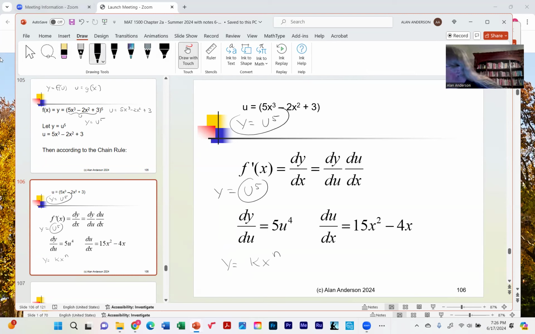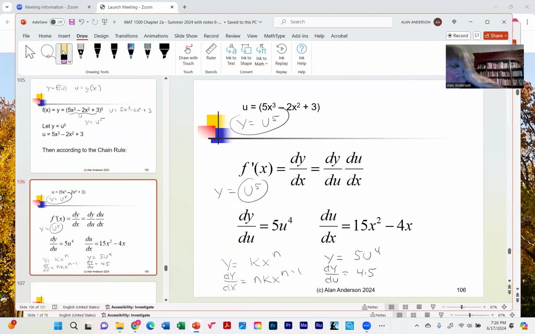Okay, so for dy/dx, the derivative based on the power rule would be nk x to the n minus 1. The fact that we're letting the independent variable be u is not really relevant. The power rule still works here.